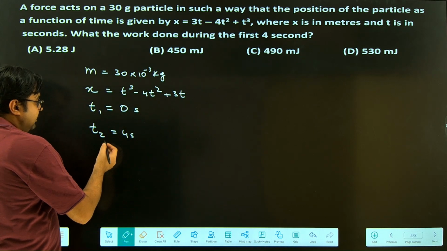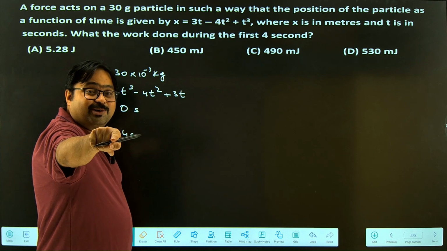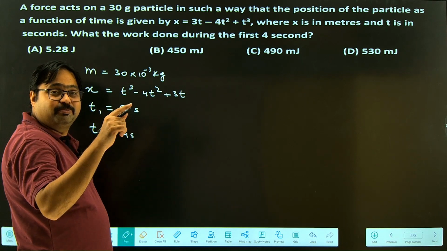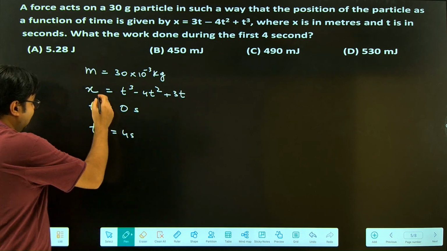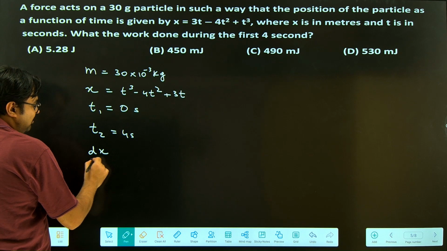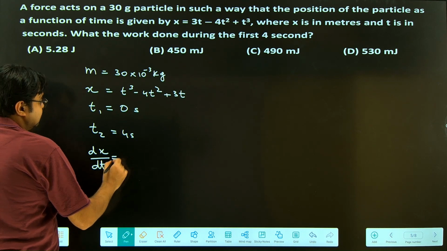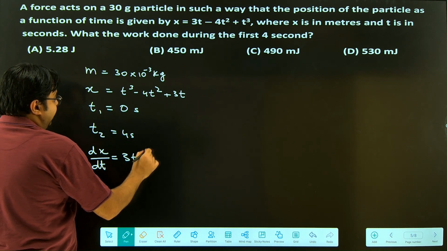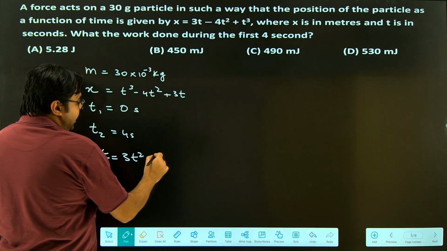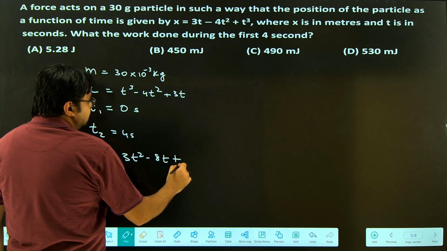The kinetic energy can be calculated only when you calculate the velocity. So differentiation of position should give you velocity. Let's begin. The velocity equation would be dx by dt, that's equal to 3t square, differentiation of t cube is 3t square, minus 8t plus 3.